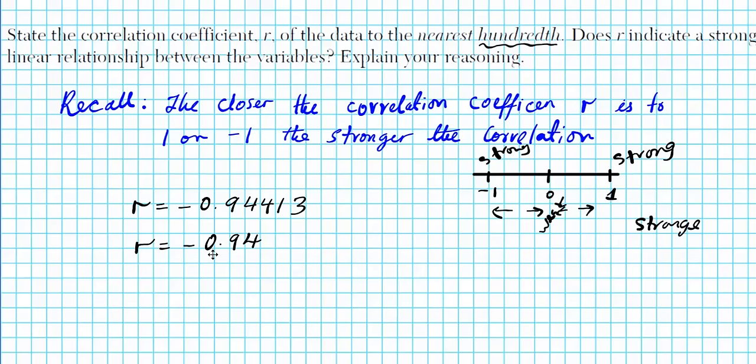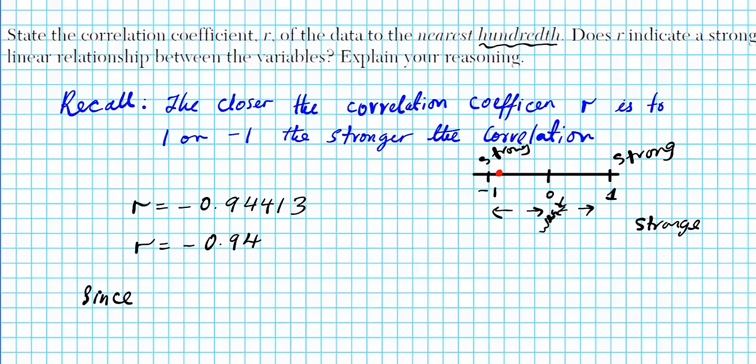Where is 0.94 on this continuum that we have here? Is it close to 1 or -1? The answer is yes. -0.94 is somewhere here. It's close to -1. So since it's close to -1, it indicates a strong linear relationship. Let's write this down.